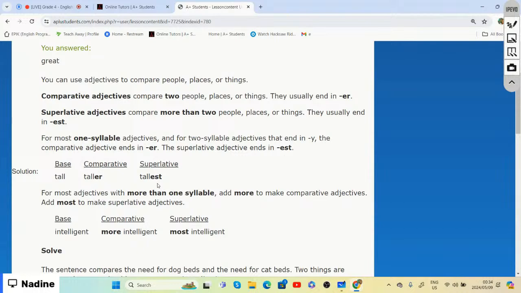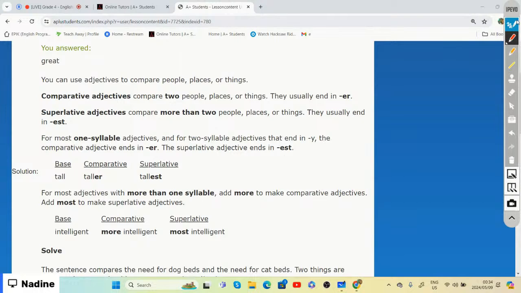But now if we have an adjective that has more than one syllable, we either add more to make the comparative adjective or we add most to make the superlative adjective. For example, intelligent has got four syllables.